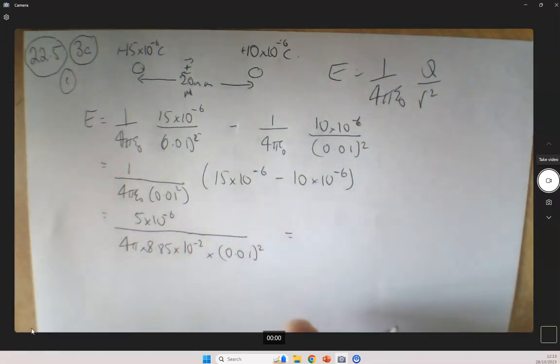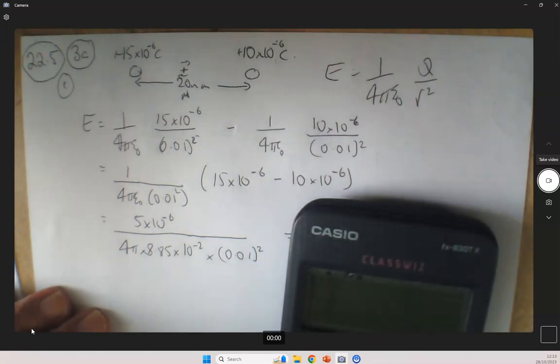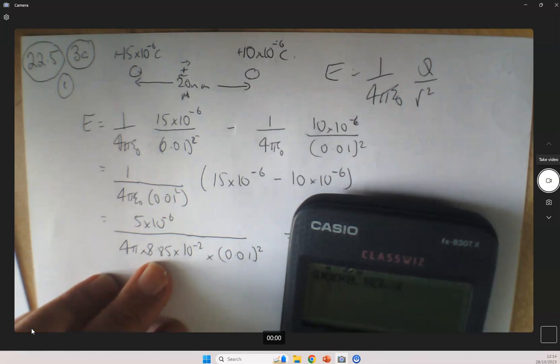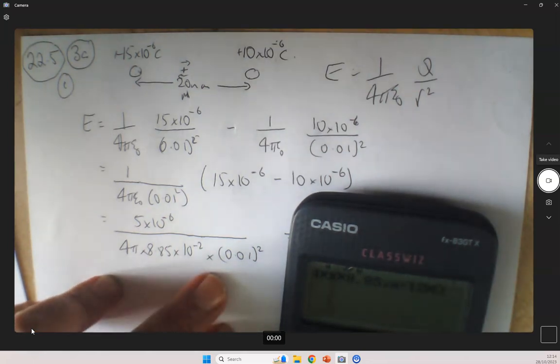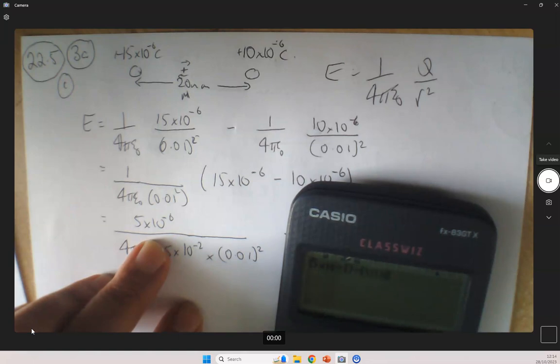Then I've got to put that in my calculator. So, grabbing the calculator, I get the bottom first. So I've got 4 times pi times 8.85e to the minus 12 times 0.01 squared. Then the top divided by that answer, so 5e to the minus 6 divided by that answer.